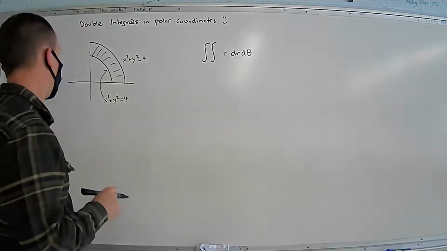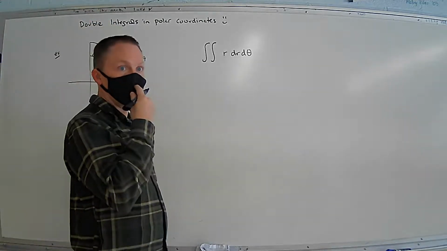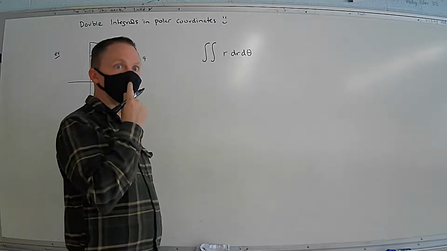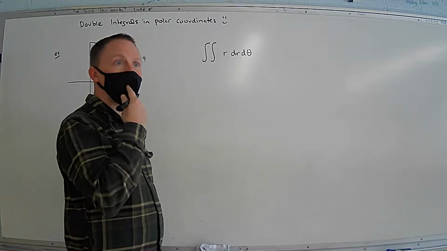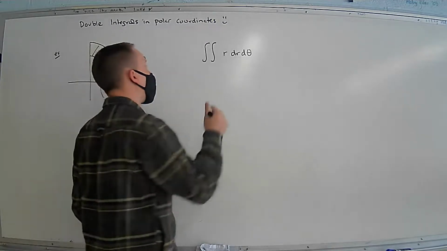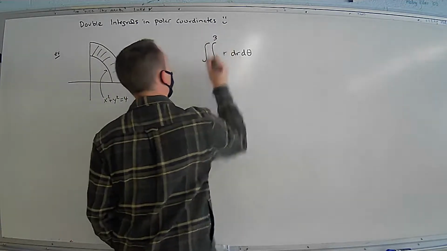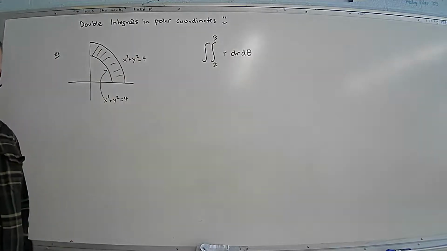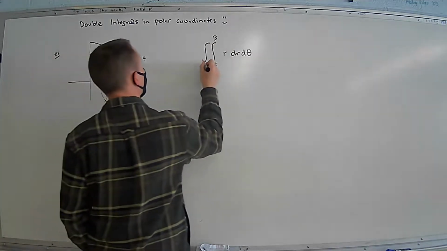Now, what are your bounds for R? For R, 2 to 3. Theta 0 to pi over 2. Exactly.